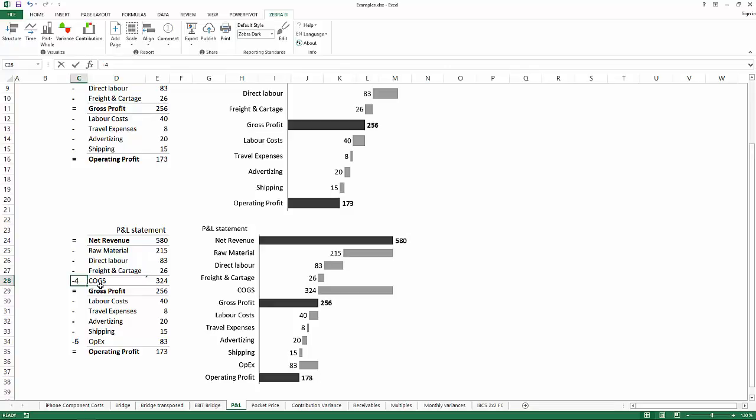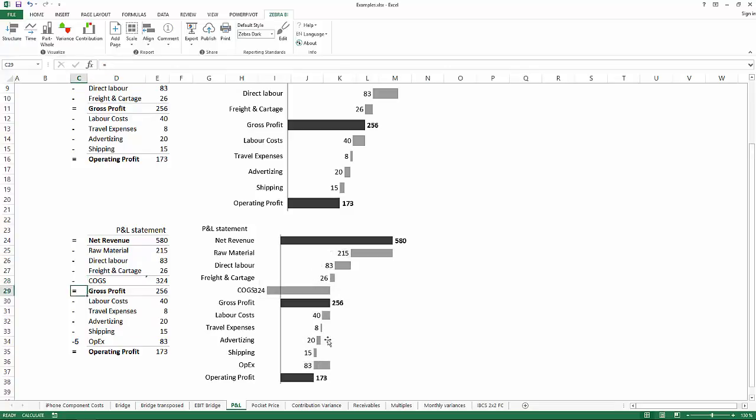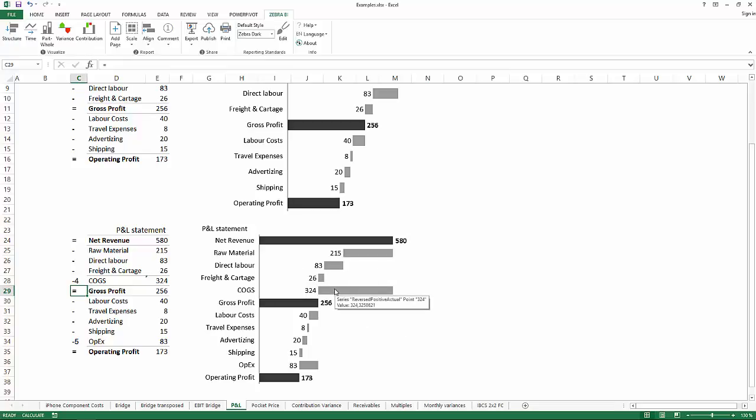So it's -4. If I just had 4, then the COGS would go into minus, but this is not the case. It has to be subtracted from net revenue, which is the fourth element, and that's how you get the subcalculations. Okay, this is now my third level here.